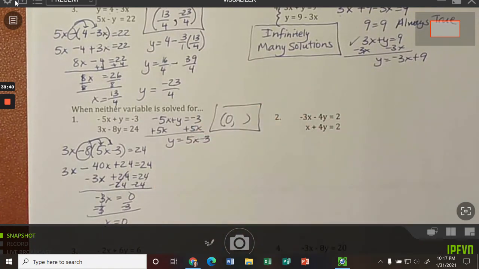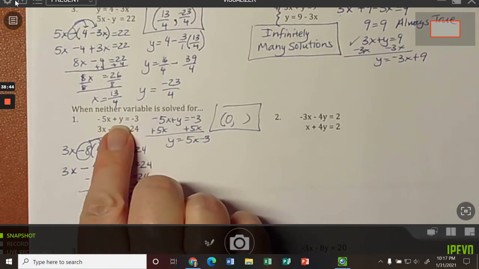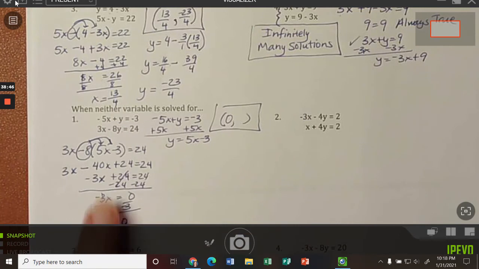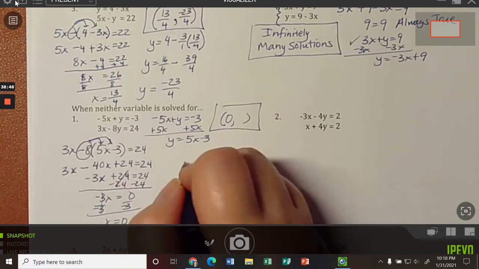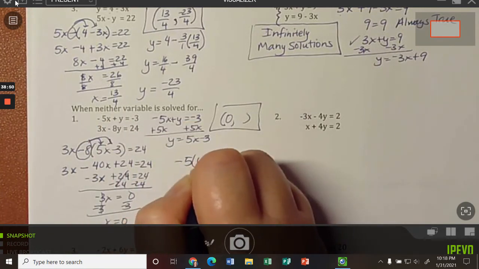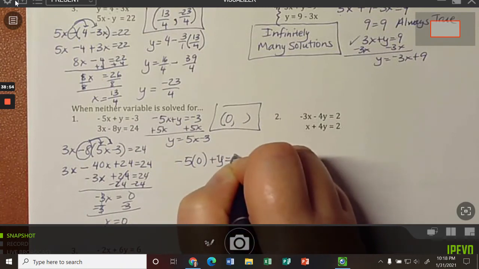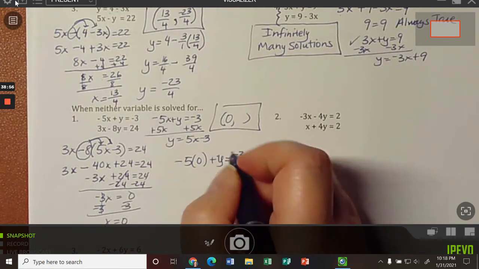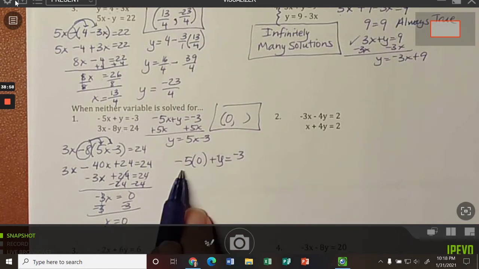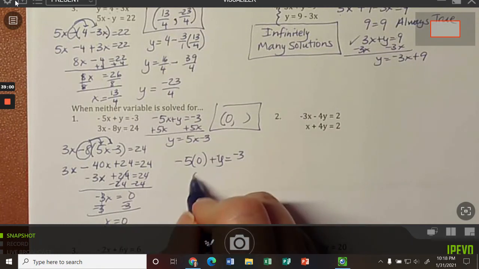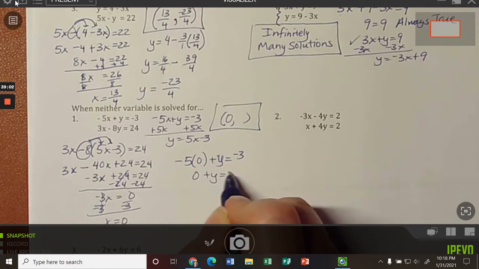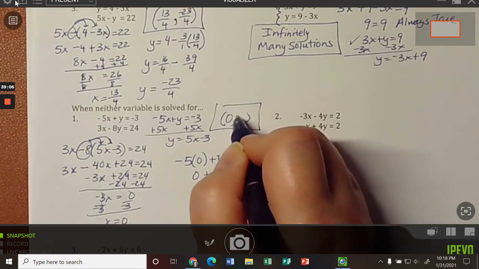And then I'll go ahead and substitute that into either one of the other equations and solve for y. So I'll substitute that into the top equation. Okay, so if x is 0, I will have negative 5 times 0, which is 0, plus y equals negative 3, so y equals negative 3.